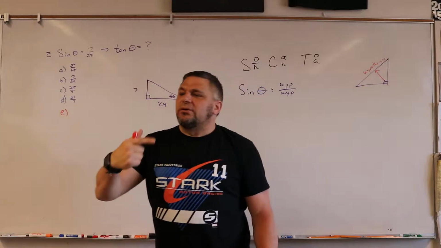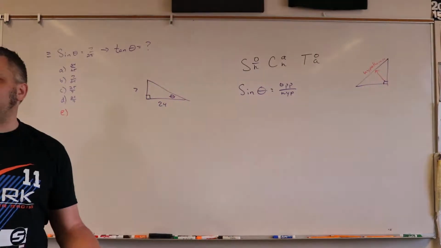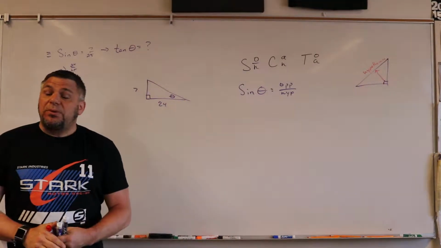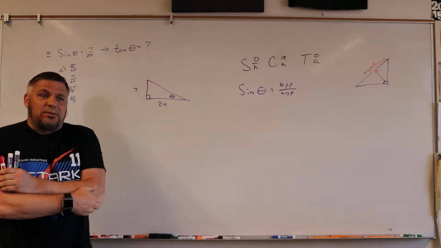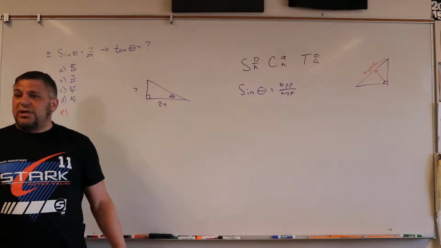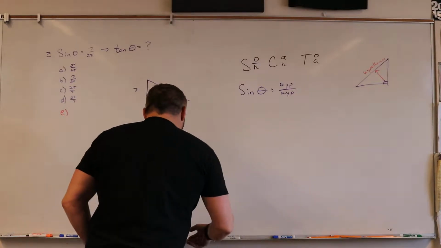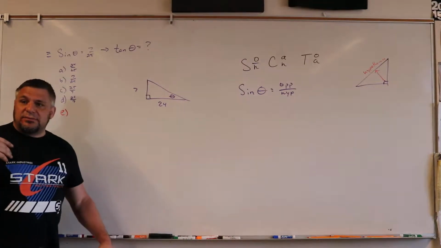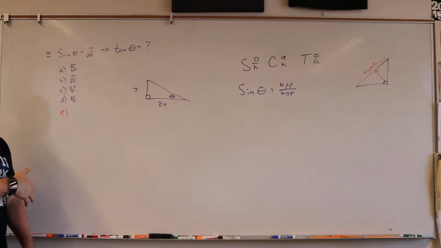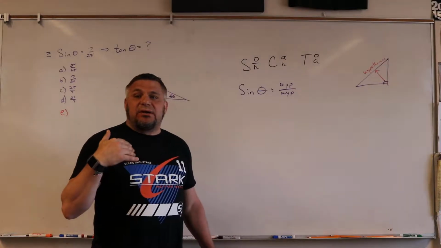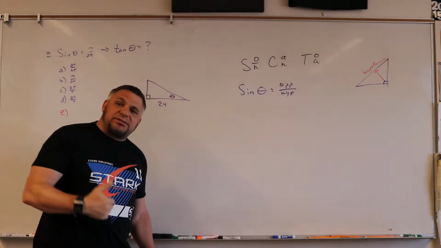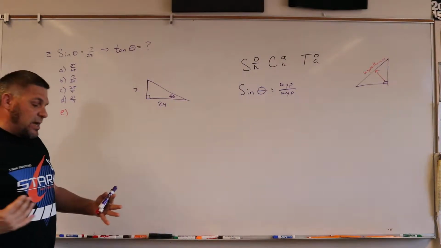But what we haven't learned yet is which one's opposite and which one's adjacent. Well, we do know what adjacent means. It means next to. We've been working with adjacent all year long. An adjacent angle is the angle next to another angle. Well, the adjacent side is the side next to the angle you're talking about.